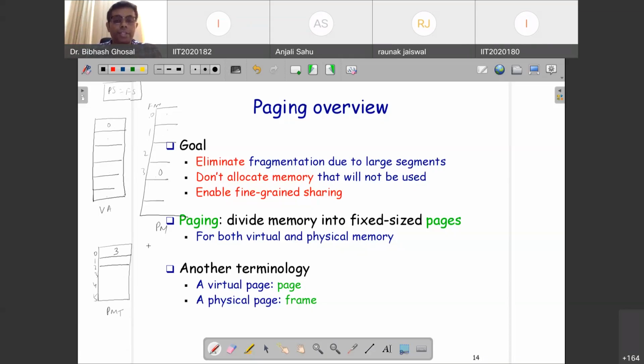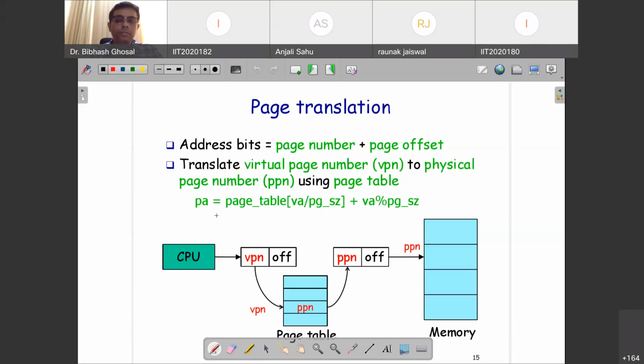And when an address gets generated, the CPU generates a logical address. This logical address is split up into two parts. One is called the virtual page number. This virtual page number gives you the index into the page table. Once you reach that particular page table entry, you read its contents and you get the frame number.